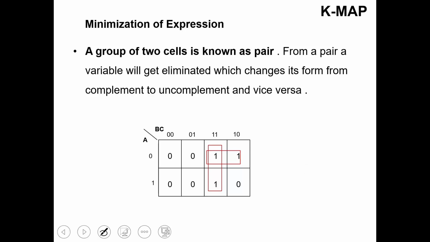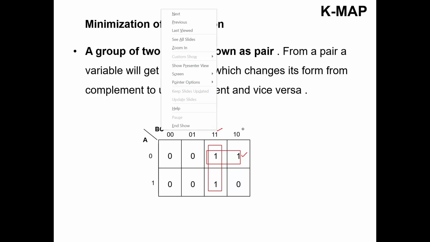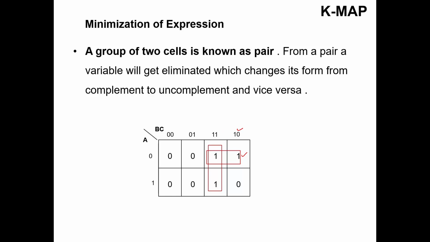Now from the first group, one variable will get eliminated. Which variable? The one which changes its form from uncomplement to complement. The output for this group will be A bar B. How does it come? We will see.